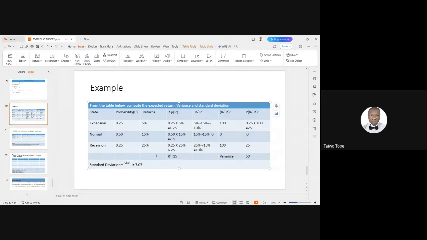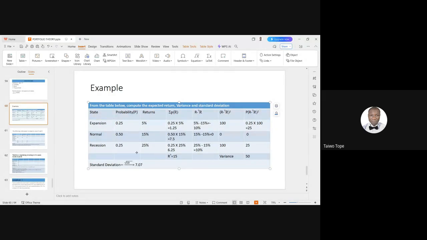Any question before we take it further? So we'll now move on to covariance.